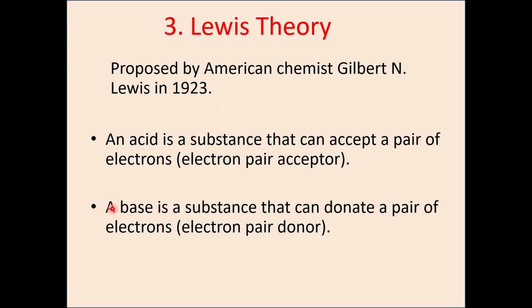Whereas a base is a substance that can donate a pair of electrons, opposite to an acid. It is an electron pair donor, a substance which donates a pair of electrons to any other substance.